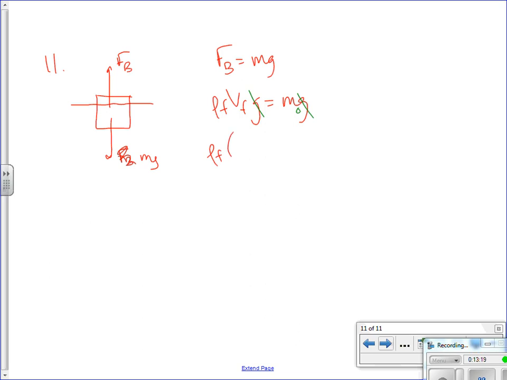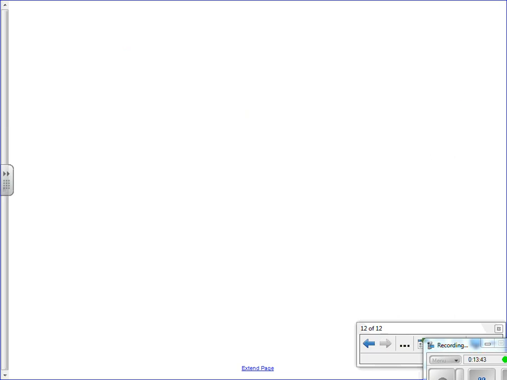Rho fluid times 0.8 V object equals mass of the object. Mass of the object is D, 4 kilograms. Okay, we got through the barracudas.